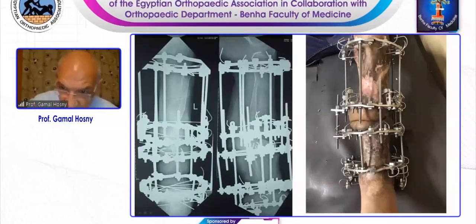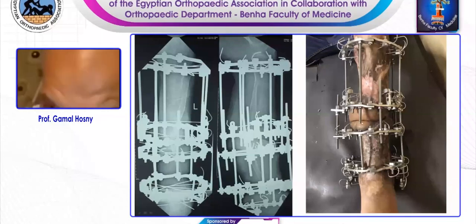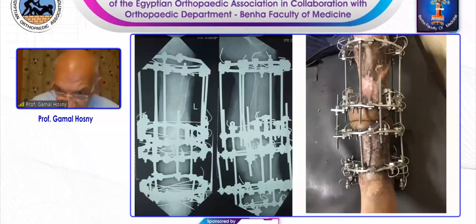The problem was during the COVID-19 era and the lockdown, and we thought we had soft tissue interposition here. So again, we asked the patient to go to the plastic surgeon, as we usually ask the plastic surgeon to do an incision here and remove this soft tissue interposition in between, and then we do compression. For one reason or another, he refused to go there.